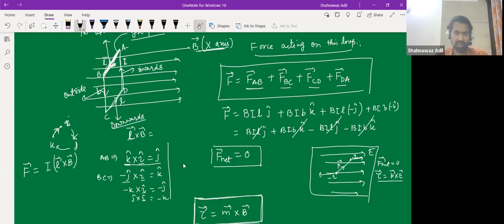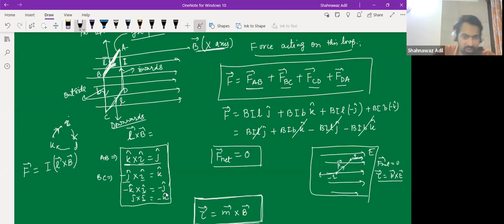Similarly, in going from C to D we are going inwards, meaning minus K hat, and the magnetic field is in the I direction. K cross I is J, so minus J. Similarly, going upward is J hat, and J cross I is minus K. So this is how we can also understand the direction.